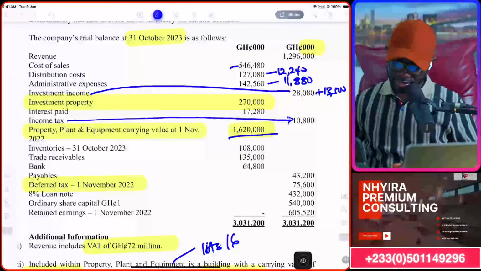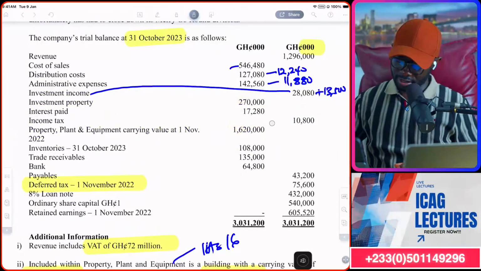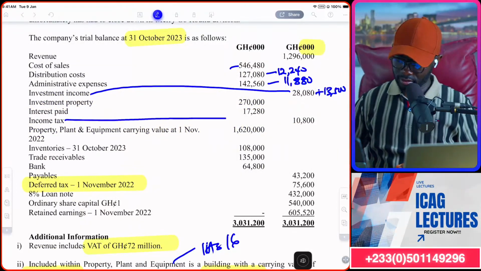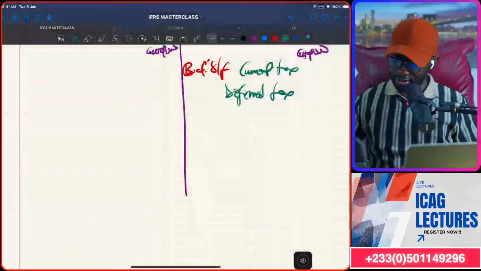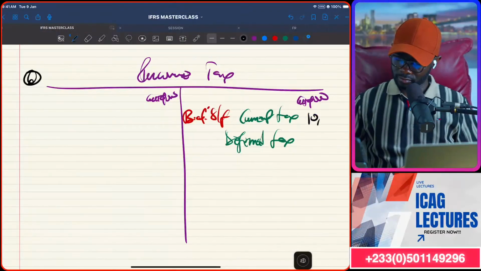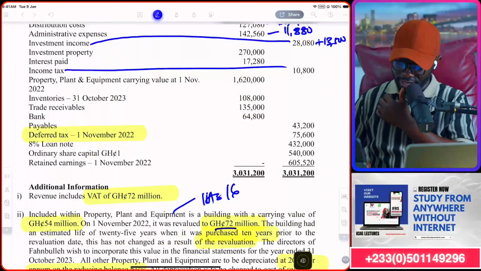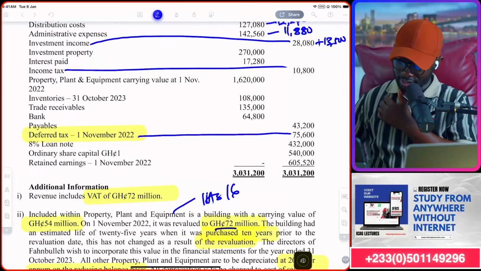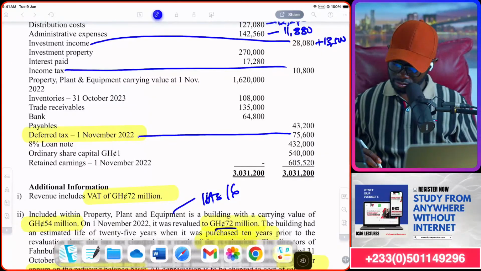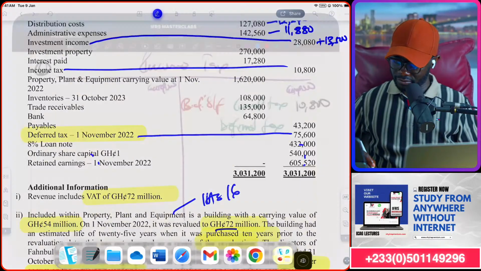So the current tax, let's clean some of the things here, is the 10,800. Deferred tax at the beginning of the year, I think is 75,600.